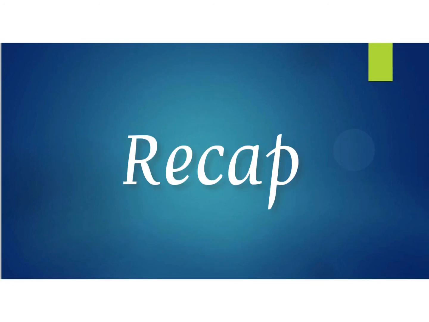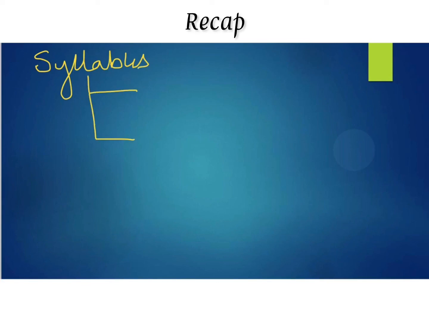So what are the things that we learned in this video? First, we looked at the syllables. And what did we say? There are two types of syllables. One is open syllable and the other is closed syllable. Right? So how do you identify an open syllable? It is a combination of consonant, vowel. It always ends with a vowel. A closed syllable always ends with a consonant.